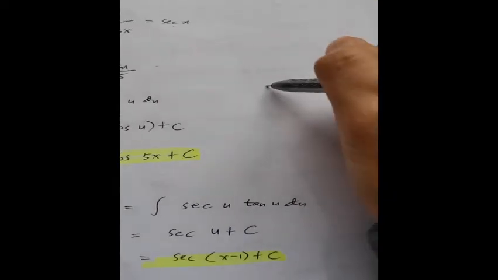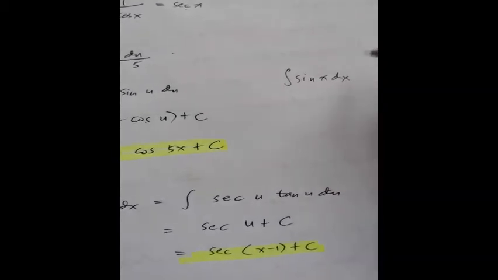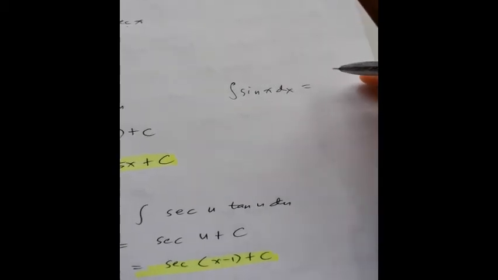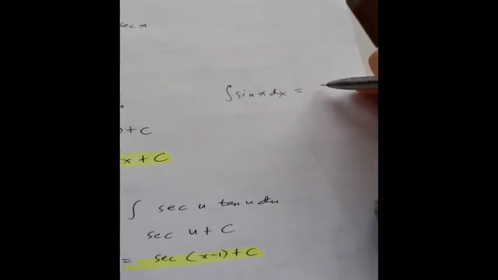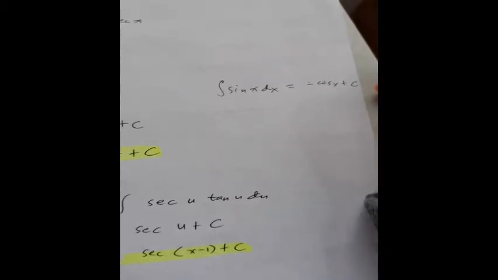Unless na lang class, kung ang given is sin x dx, of course, diretso na natin kukunin yung integration niyan. Gagamitin natin yung formula doon sa theorem 1.1.3 na this is equal to negative cosine x plus the constant c.